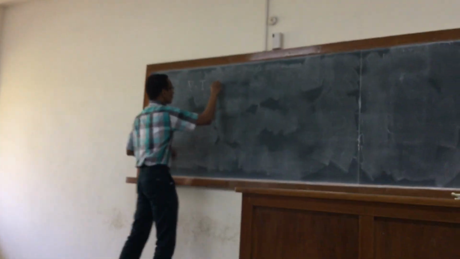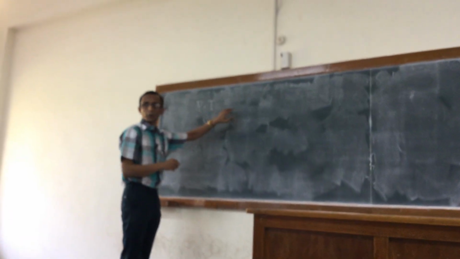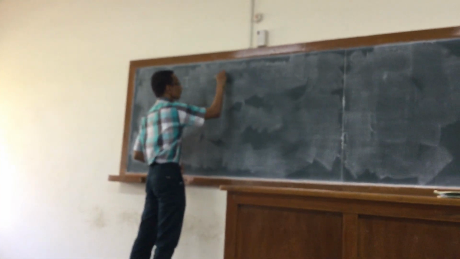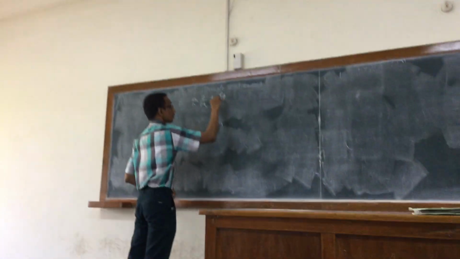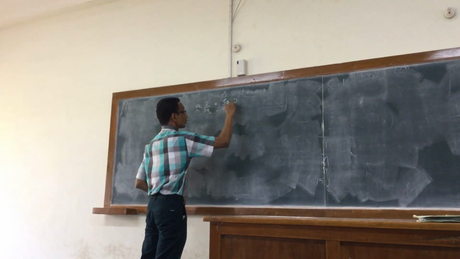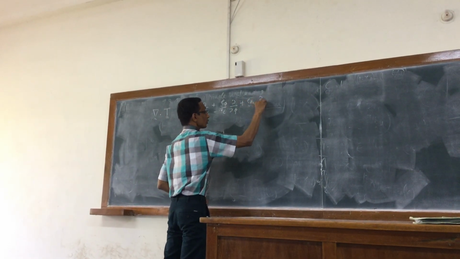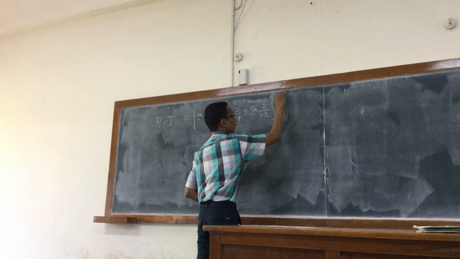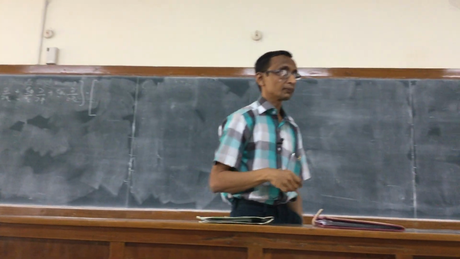So this is done by first identifying the gradient operator, and taking the dot product with the tensor. So that will be dotted with the tensor, which has 9 components, right?